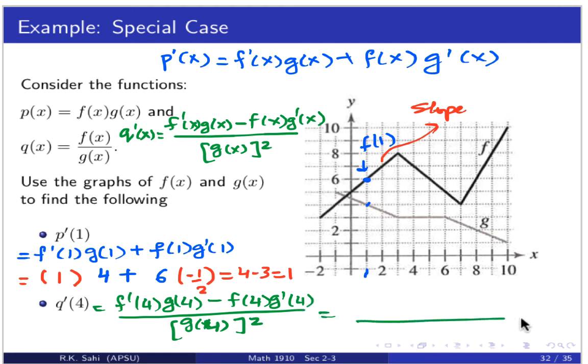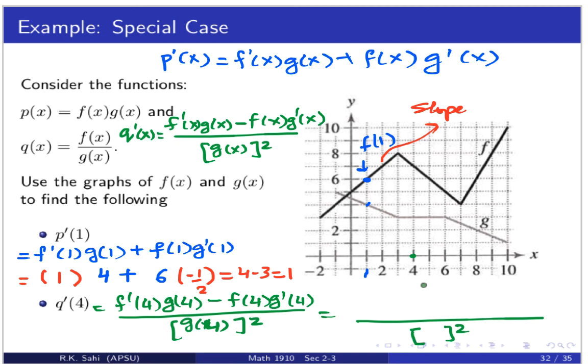Okay, now let's go to the number 4 on the x-axis. That's it. So what is g of 4? g of 4 is a 2. So it's 2 squared. Okay, let me be consistent with the colors here.